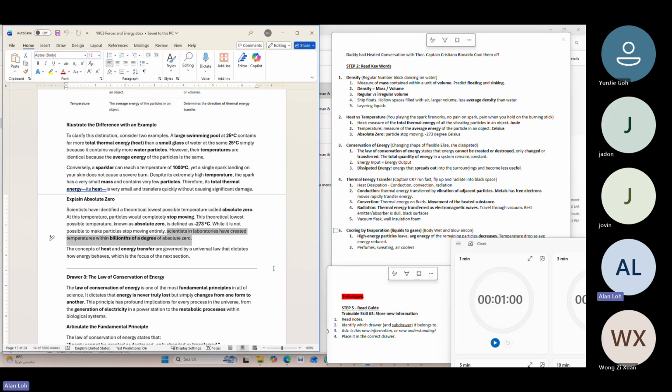It means they have already gone into so much testing, down to a billionth of a degree, so 0.000000001 degrees Celsius, to reach the absolute zero point, which is this one, right? To be able to prove that the particles would completely stop moving. But the fact is, particles can never completely stop moving. There will still be a little bit of vibration, right?